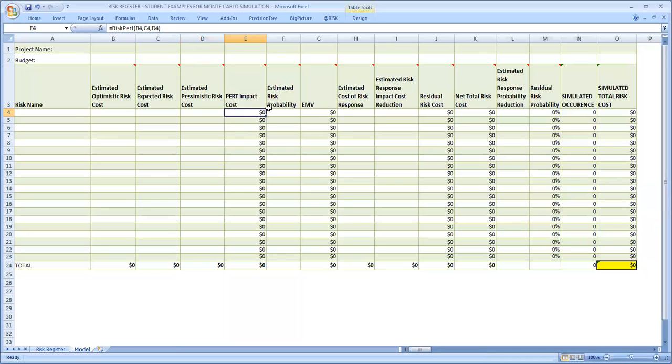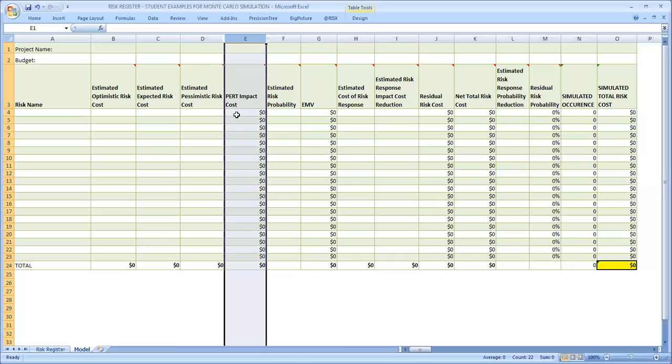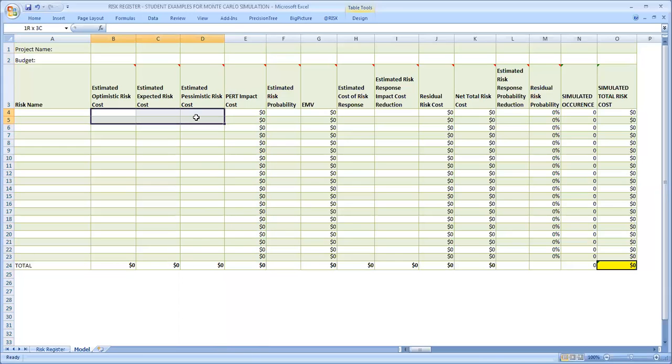So any value between the optimistic, expected, and pessimistic could conceivably be calculated in this cell, which I'll show you in a moment. So even though you will see static values here in column E, in reality, behind the scenes, when we run our model, Excel will select random values amongst this distribution, which we'll look at eventually in this video.